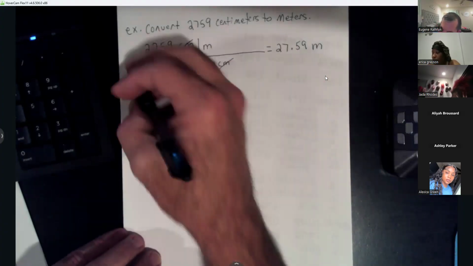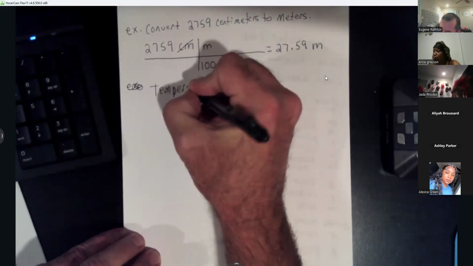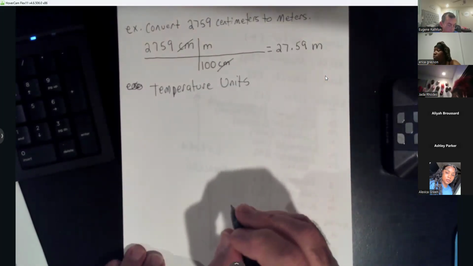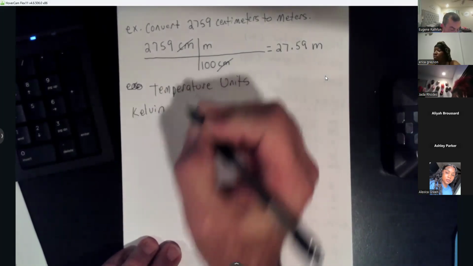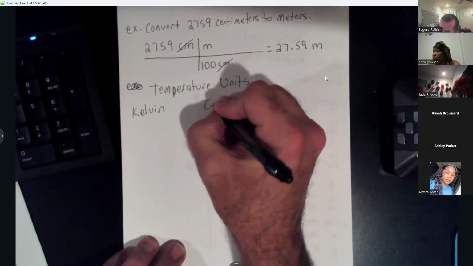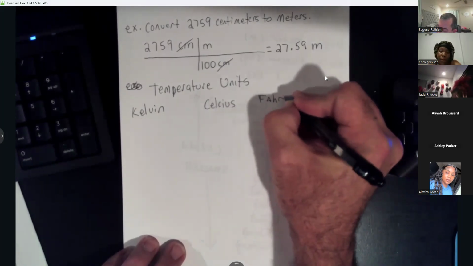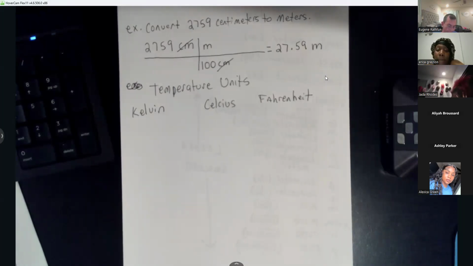So we're going to look at temperature units real quick. All right, so you got the Kelvin, Celsius, and Fahrenheit. Okay.